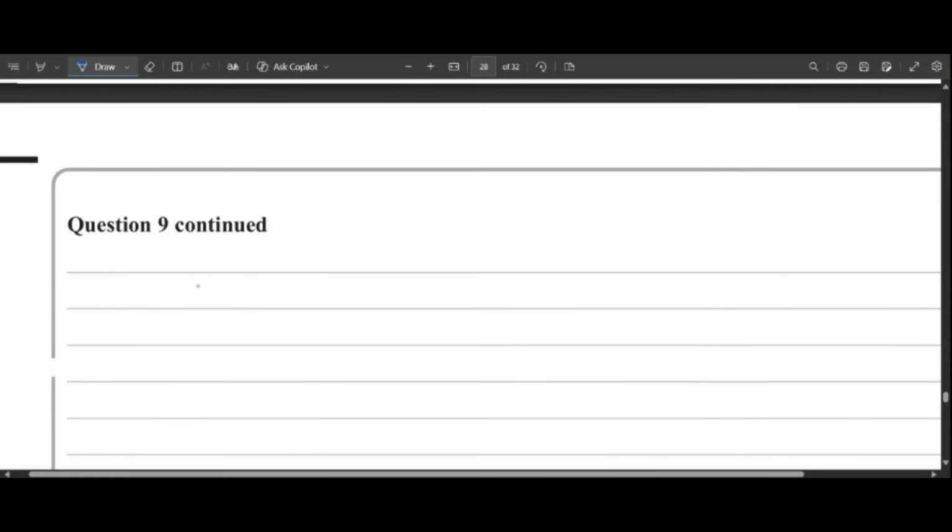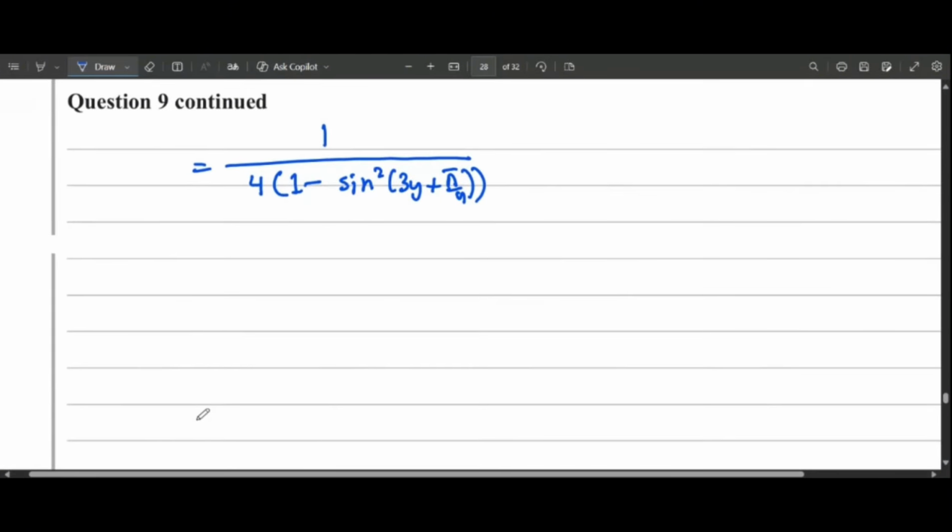We are going to do that. So we can write 4 into 1 minus sin square 3y plus pi by 4 is equal to dy by dx whole square.